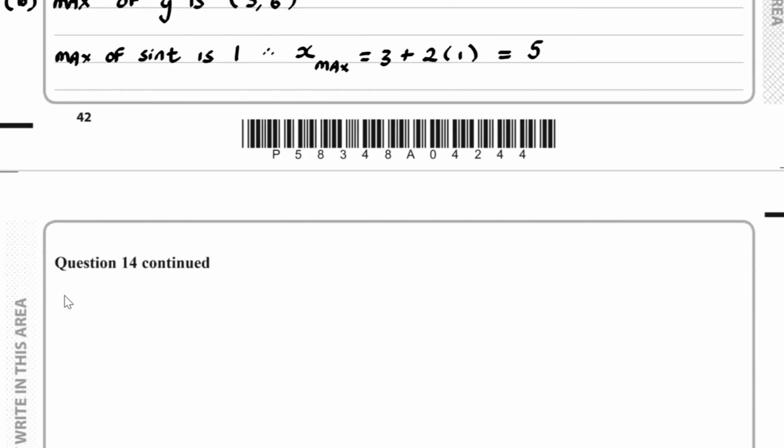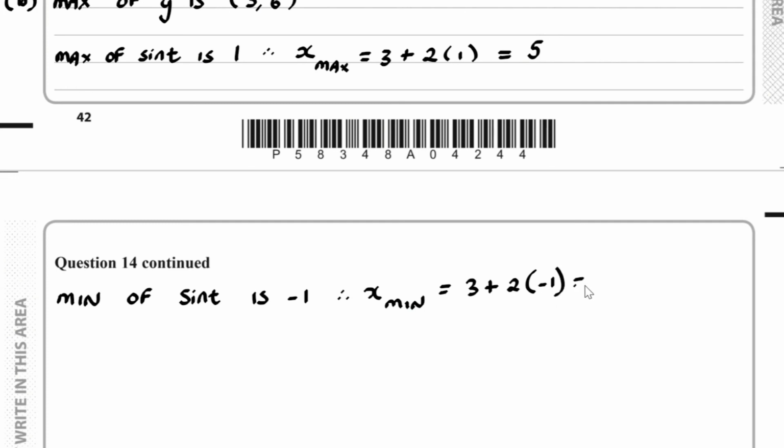And I also know that the minimum of sine t is negative 1, and therefore the minimum of x will be 3 plus 2 times minus 1, which is 1.